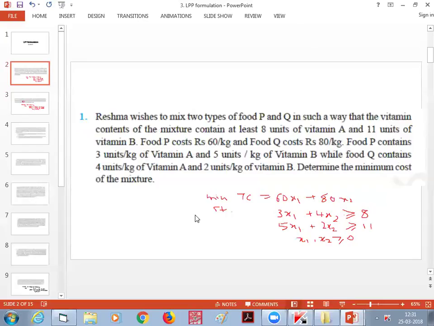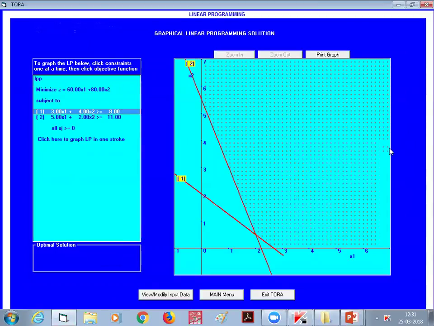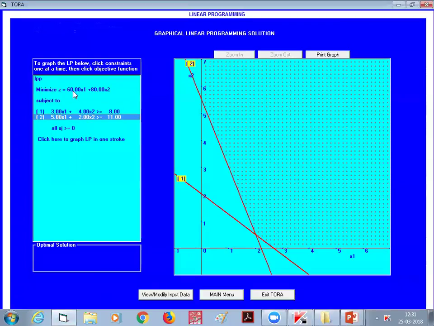I didn't understand what exactly you wanted. The minimum cost? Oh yeah, we got that, right? The minimum cost was, oh, okay. All right, we'll have to do it again. Oh, you didn't understand it. Okay, fine, we'll do it, no problem.